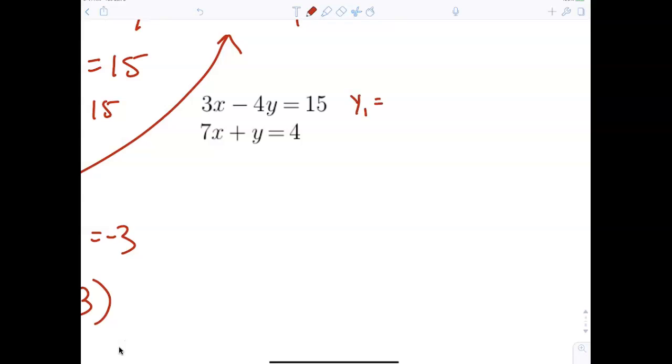Y1 equals, go ahead, parentheses, be careful now. And then Y2 is what? Yeah, we don't have to divide anything on that one.